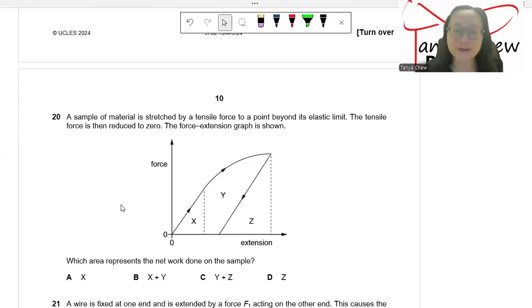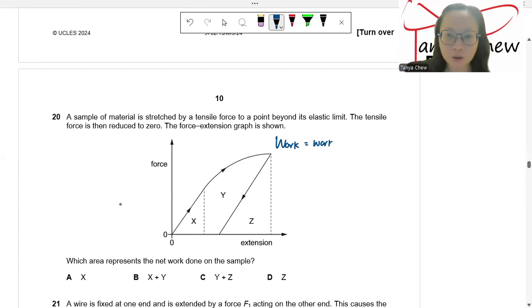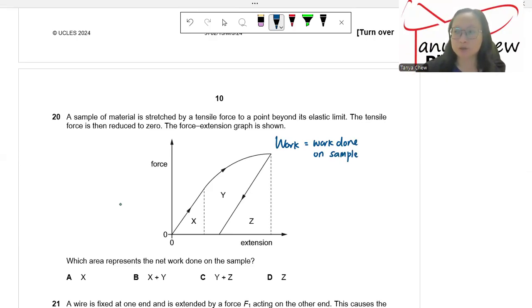Okay, when the object is being stressed, work is done on the sample. Then remember, when you let go of your force, the material is trying to restore back, but too bad.